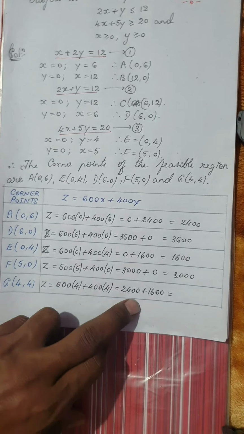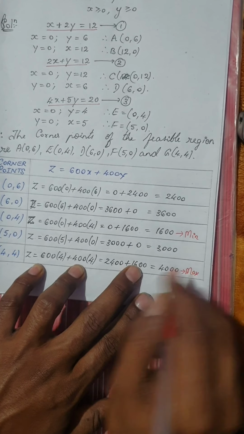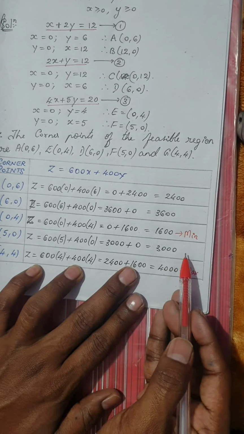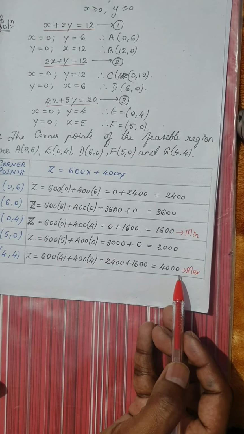If you add it, you will definitely get 4000. Now what is the objective function there? It is for both minimum and maximum. Now see which is the minimum value here. If you notice, the minimum value is 1600 and the maximum value is 4000.